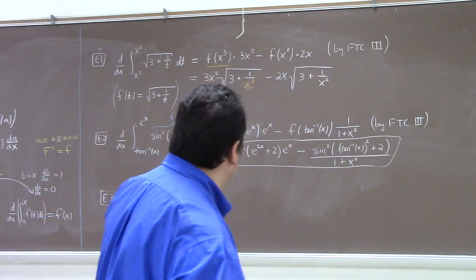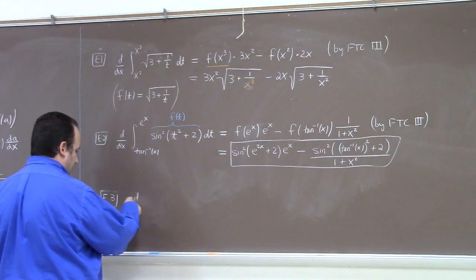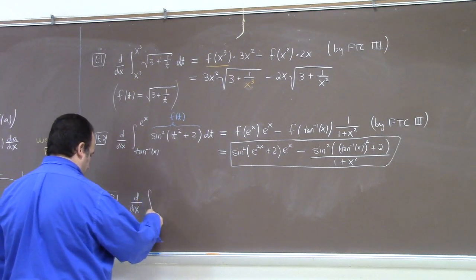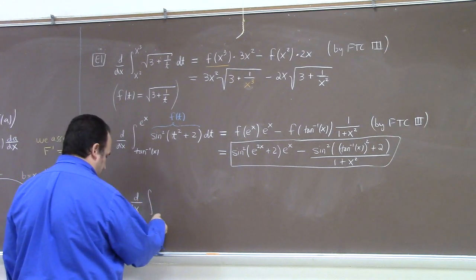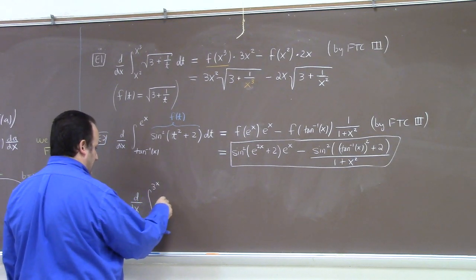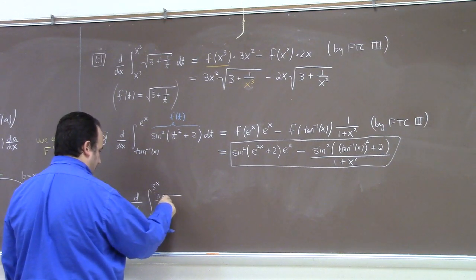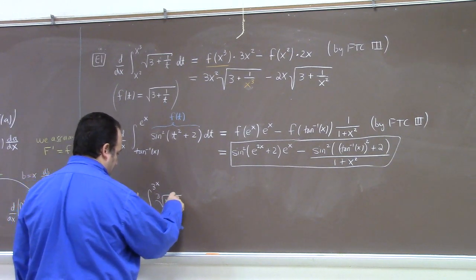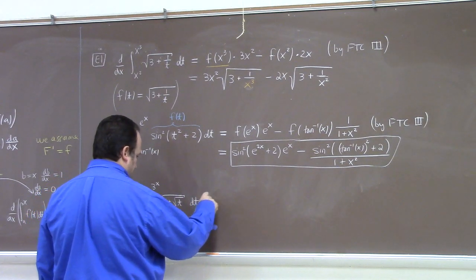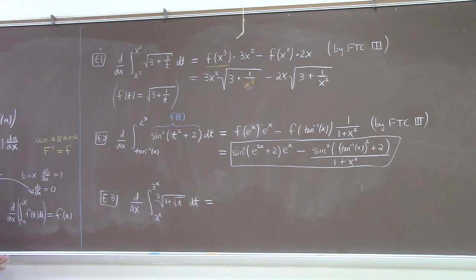All right, one more example of these. The derivative with respect to x of the integral from 2 to the x to 3 to the x of the cube root of 1 plus the square root of t dt. All right, so I'm just going to go ahead and do it.